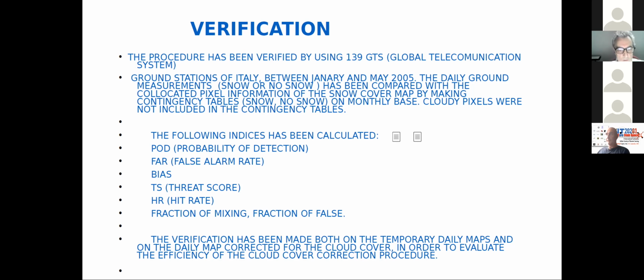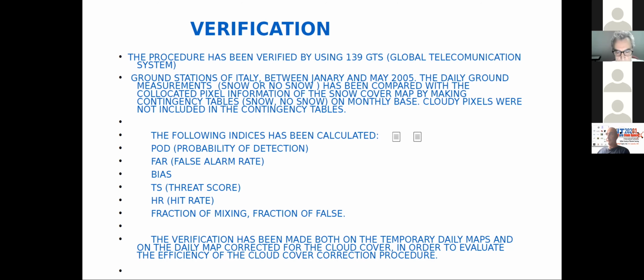The following indices have been calculated: the probability of detection, the false alarm rate, the bias, the threat score, the hit rate, the fraction of missing, the fraction of fails. The verification has been made both on the temporary daily maps and on the daily map corrected for the cloud cover in order to evaluate the efficiency of the cloud cover correction procedure.